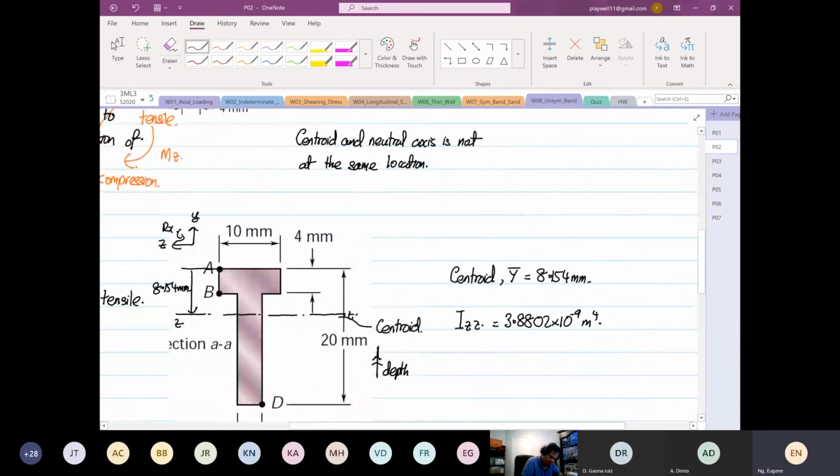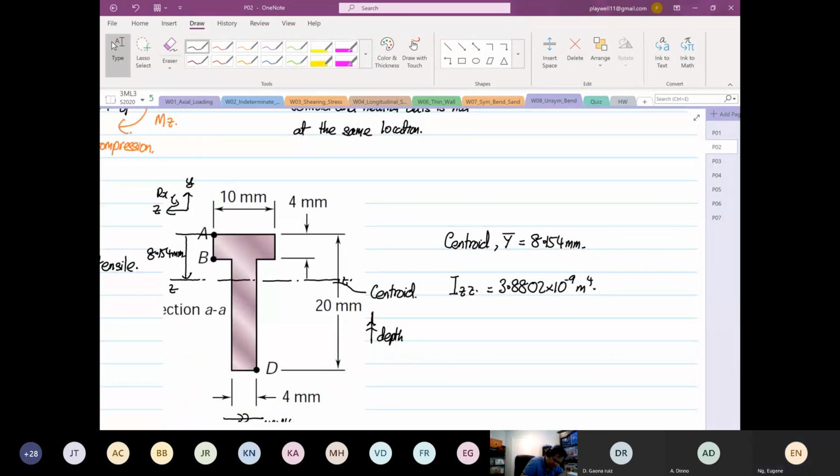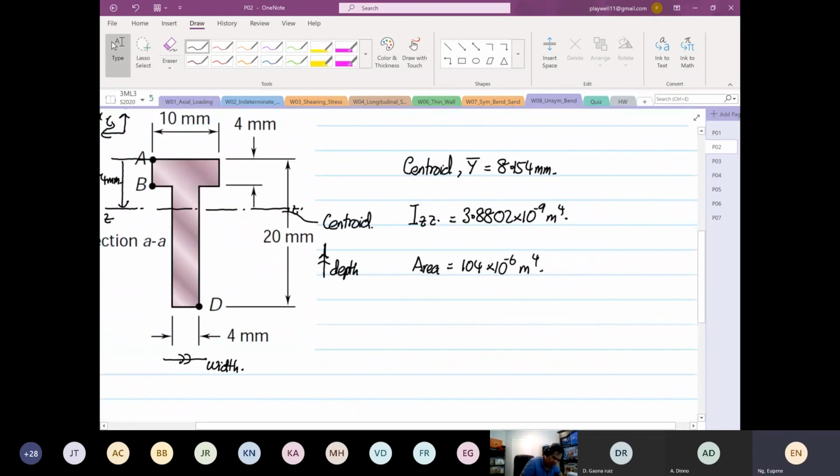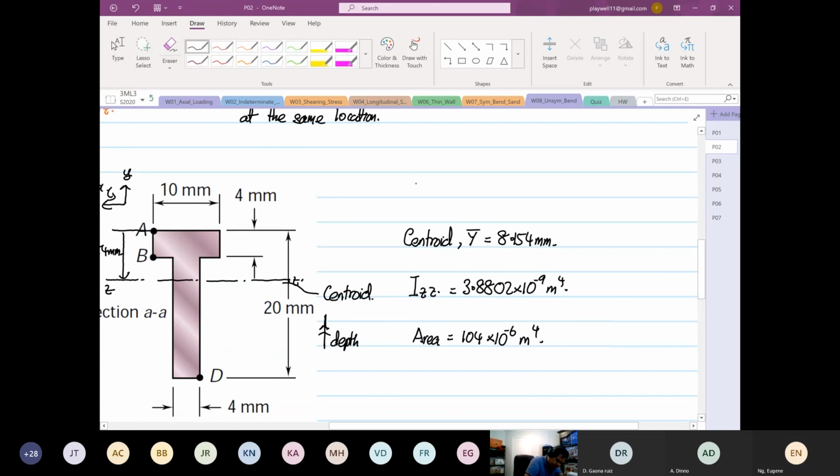Then the area of the entire structure, the cross-sectional area, will be equal to 104 times 10 to the power minus 6 meter 4. So these are all calculated: we get centroid, IZZ, and area.